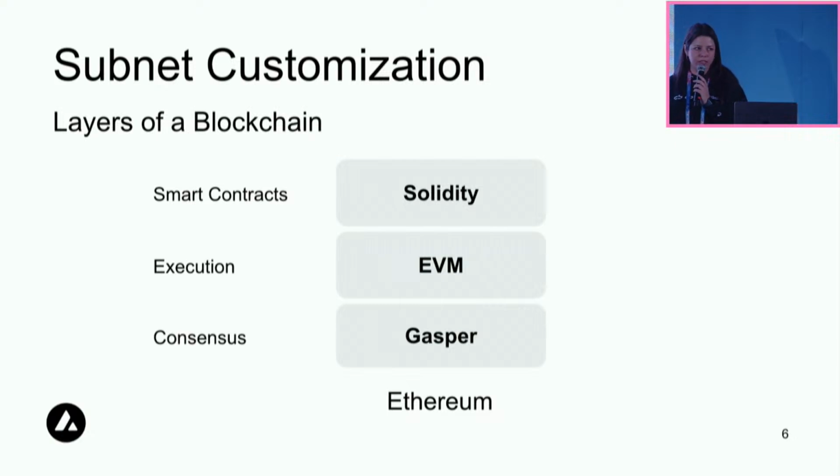The consensus level is going to make sure every node has the same execution steps, so we all have the same state. And at the very top, we have the Solidity or application layer, where you, as a developer, mainly interact, but you can also interact with the different layers behind that.